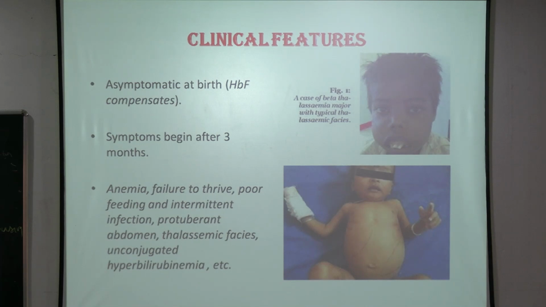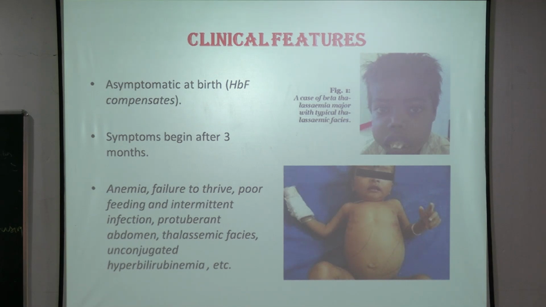So what are the features? Anemia, failure to thrive, poor feeding, and one thing you should remember: these patients become very cachexic.